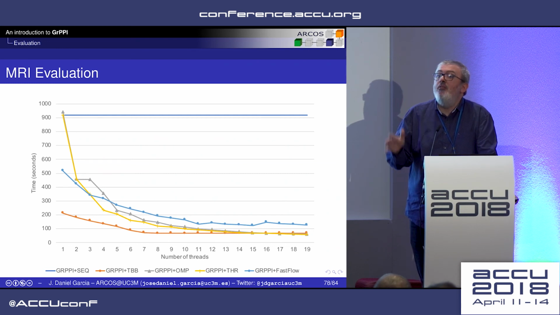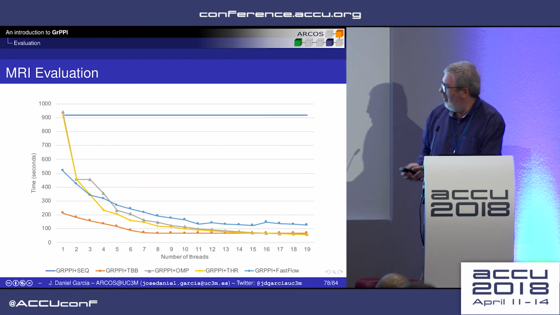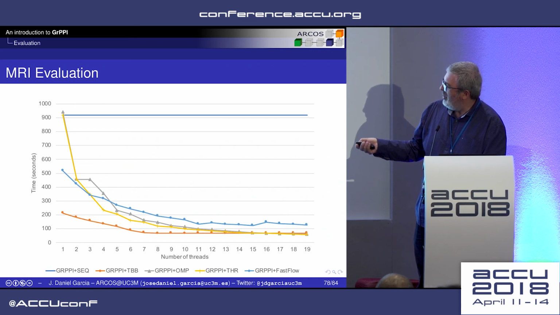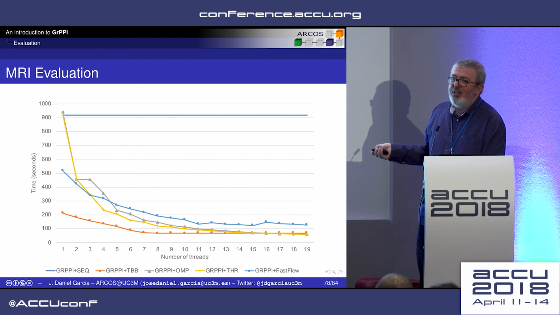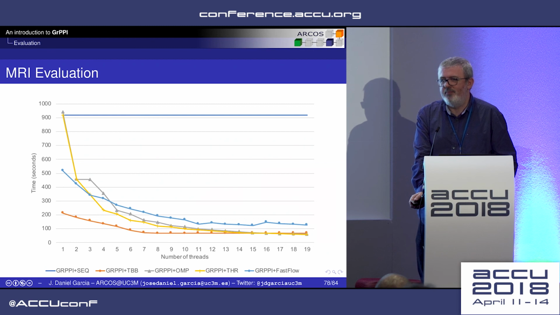Separate stages run in separate threads. So here, as you may see, this is a difference for a low number of cores, but as you really increase, this difference starts to disappear.